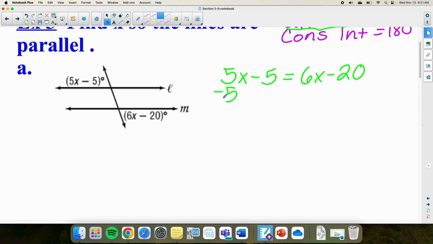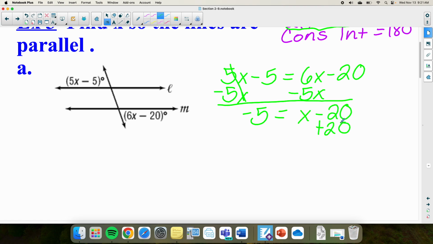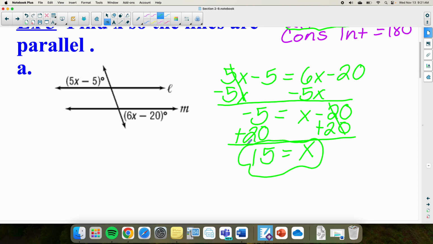So I'm going to bring the 5x over, and I have negative 5 equals 6x minus 5x is x minus 20. And then we're going to add 20, and x is 15. Okay?